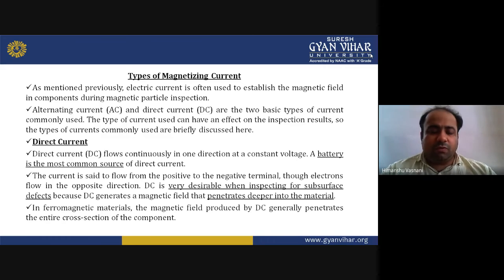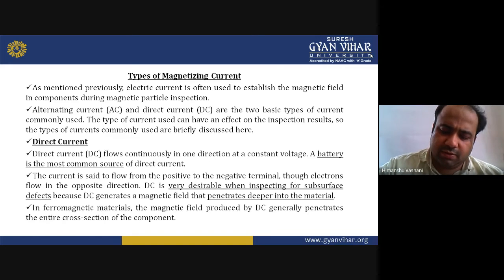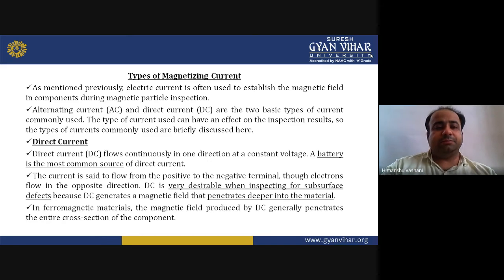Direct current flows continuously in one direction at a constant voltage. A battery is the most common source of direct current. Now you can easily understand the importance of current.